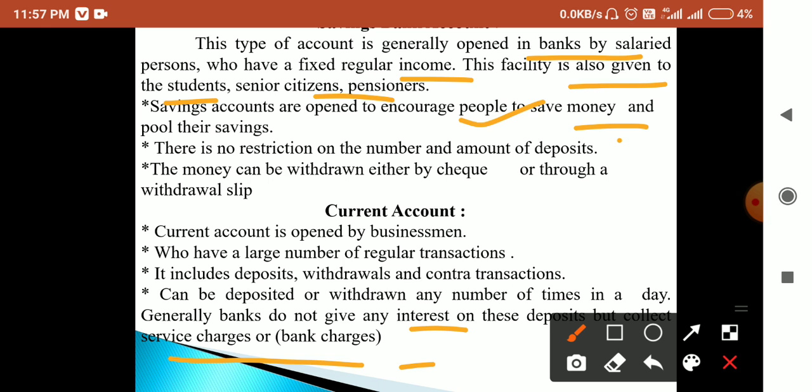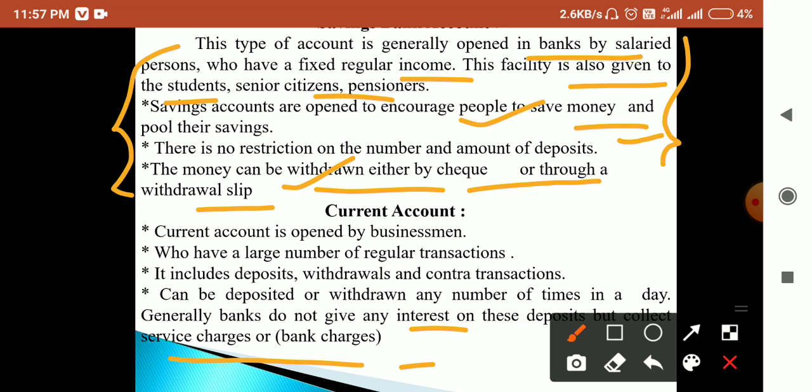There are no restrictions on the amount of deposit in this type of account, and we can withdraw our amount either by cheque or through the withdrawal slip.